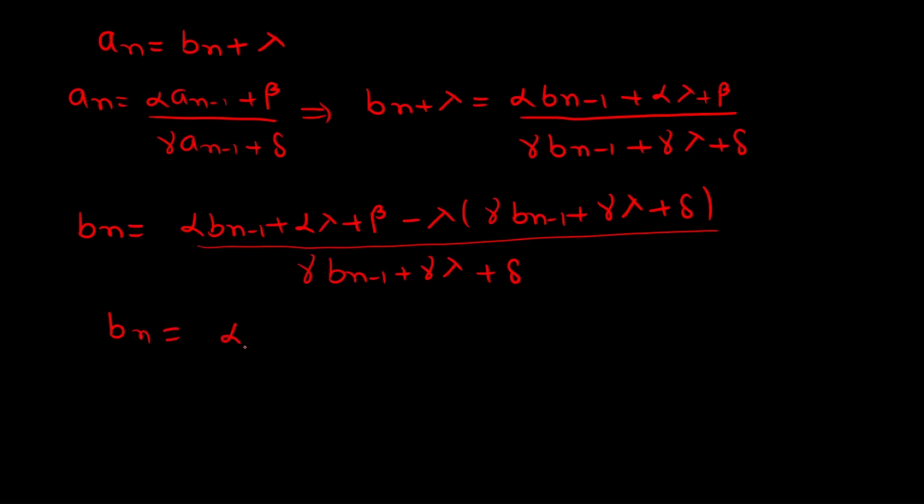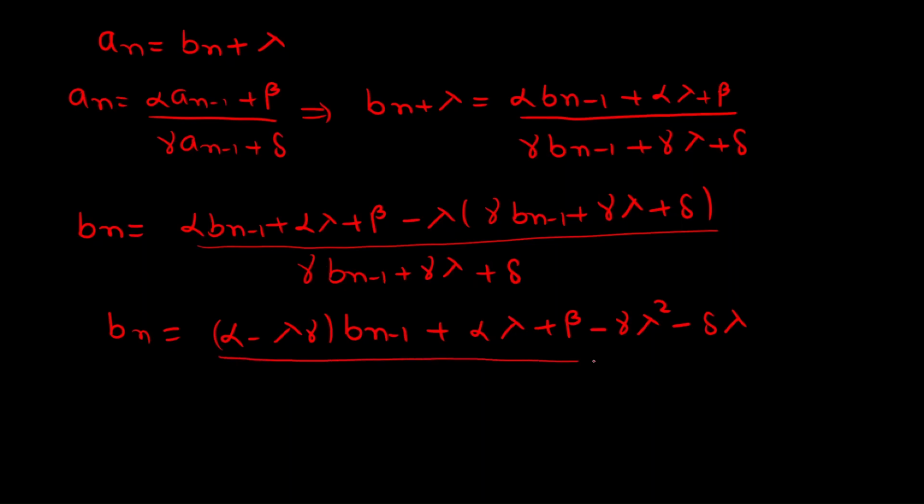We'll have (alpha minus lambda gamma) times b_(n-1) plus (alpha lambda plus beta minus gamma lambda square minus delta lambda), divided by gamma b_(n-1) plus gamma lambda plus delta.